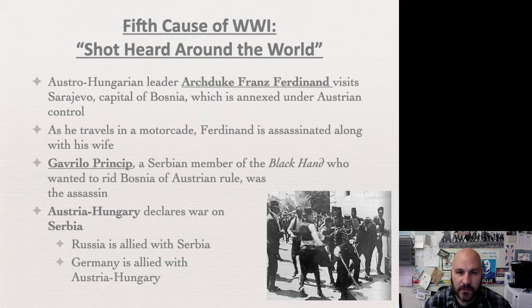They have plotted to kill the Archduke while he is in Sarajevo. And so a multitude of assassins have lined the streets of the main boulevard where the Archduke and his wife Sophie will be traveling in order to assassinate the Archduke.